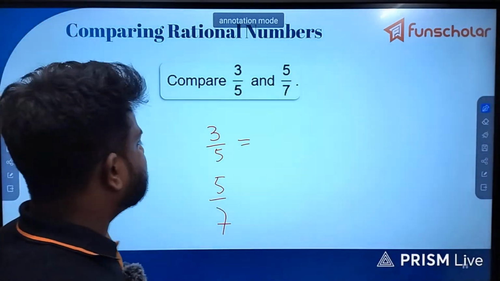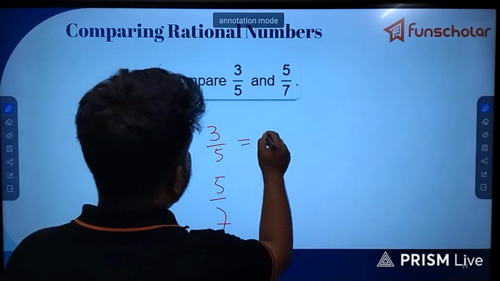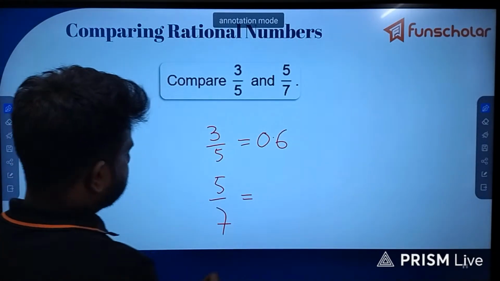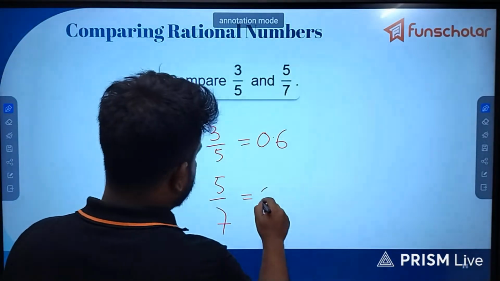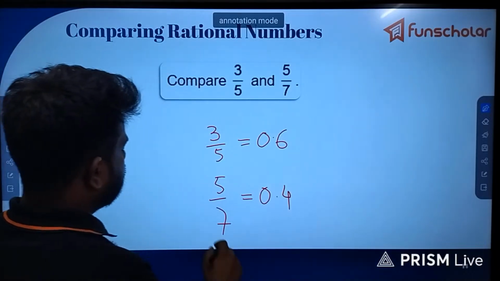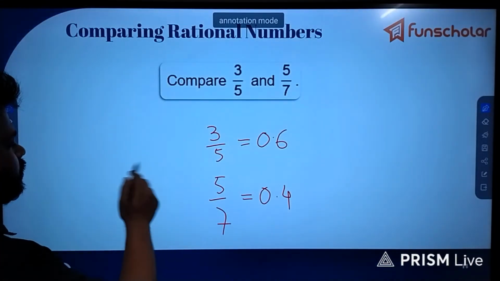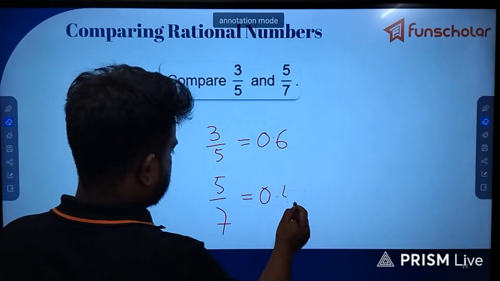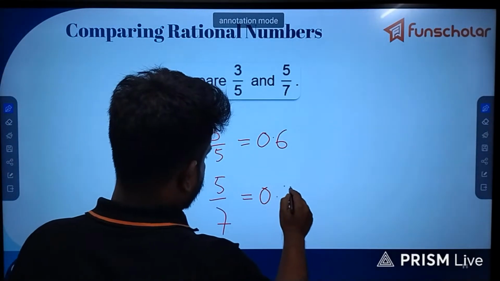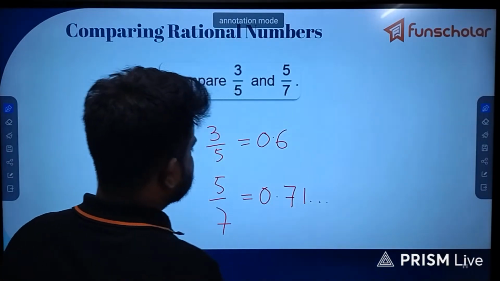By the decimal process, 3 by 5 is 0.6 and 5 by 7 is around 0.71.